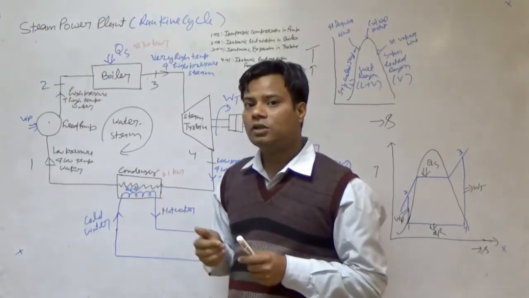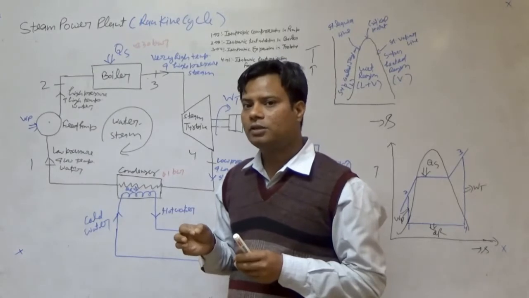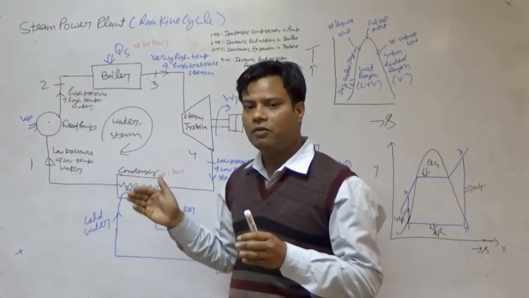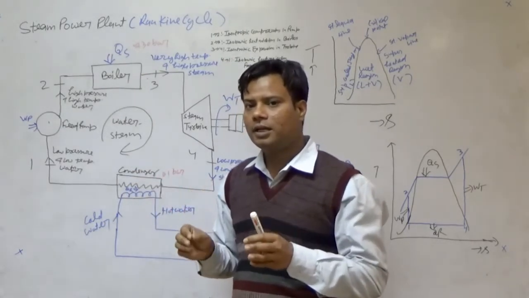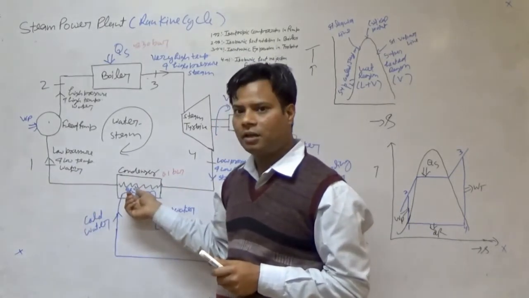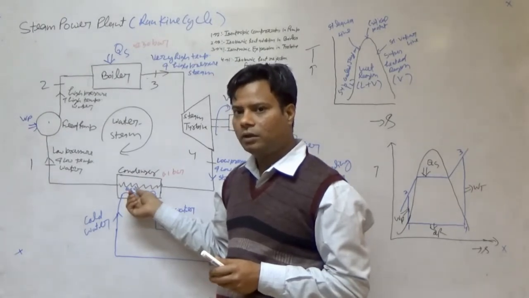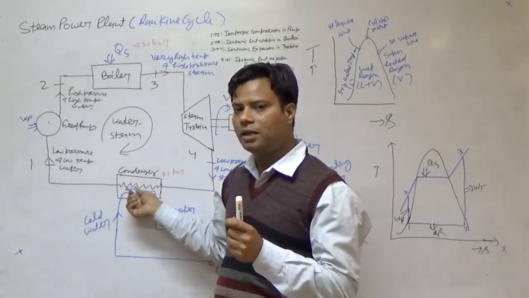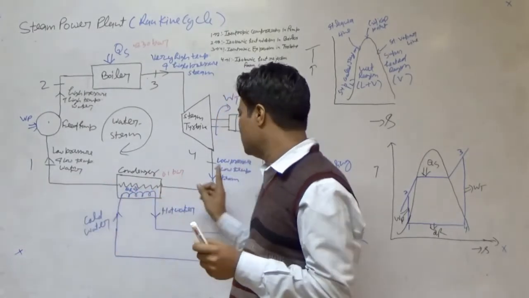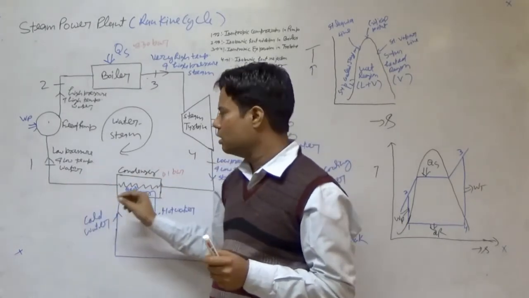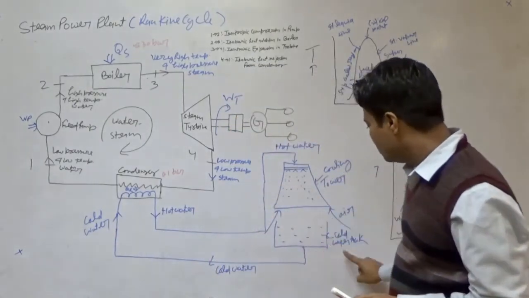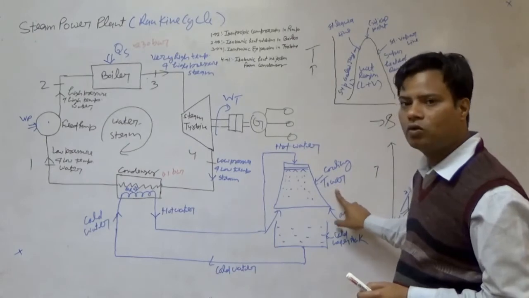And how do we achieve the condensation process? During the condensation process, we maintain a vacuum in the condenser. Second, for converting steam into water, latent heat is rejected from the condenser. To achieve this condensation process, we need a cold water supply, and this cold water comes from a component known as the cooling tower.